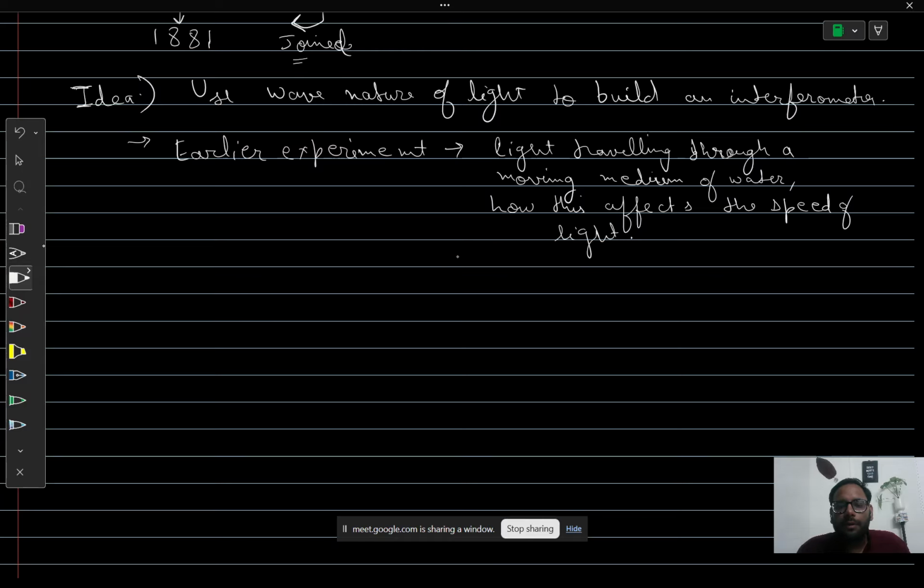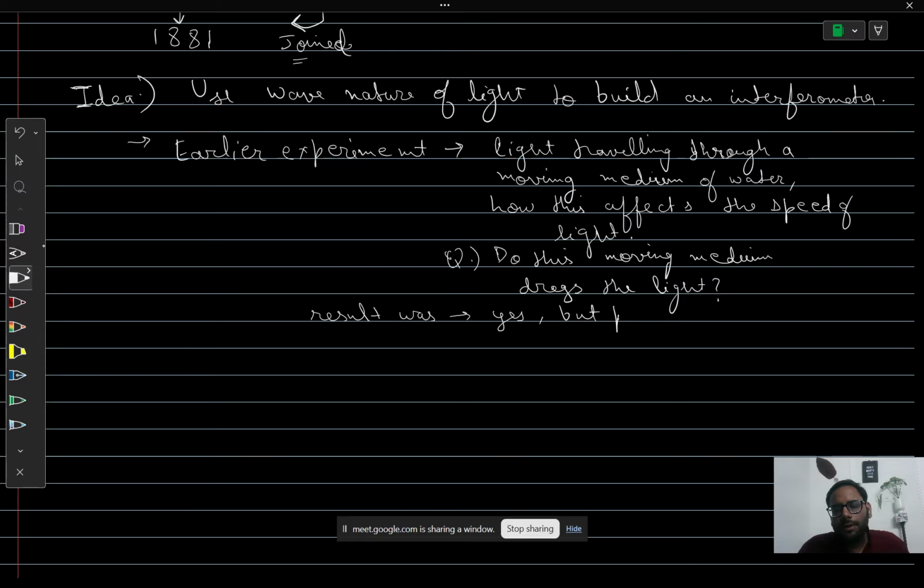The question was, does this moving medium drag the light? And the result was yes, but partially.